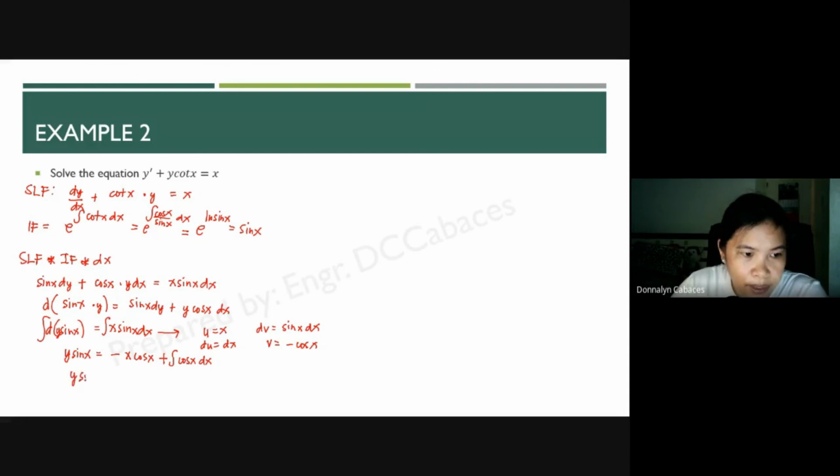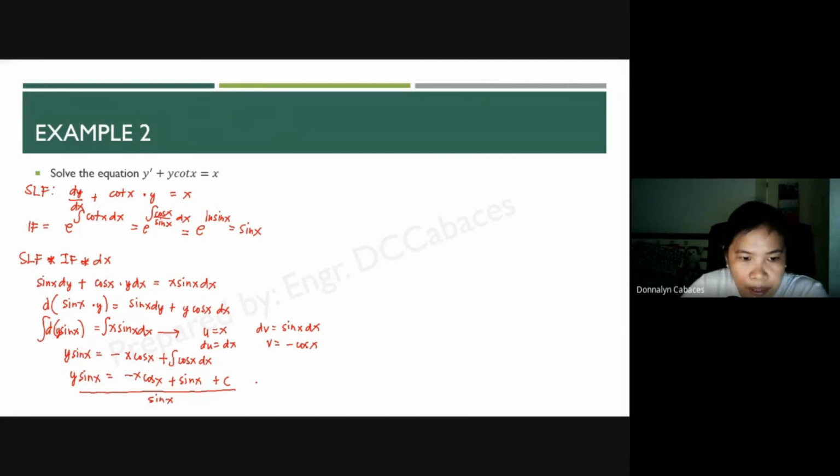So you have again y sine x is equal to negative x cosine x. The integral of cosine x is plus sine x plus the constant of integration. So that is now our solution. If you want, you can simplify by dividing both sides by sine x.